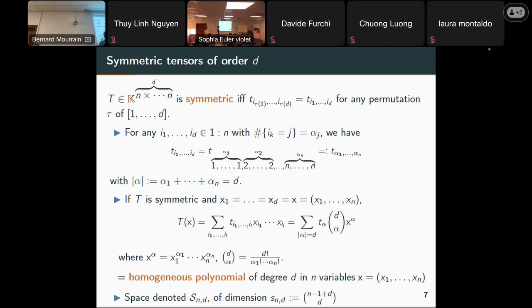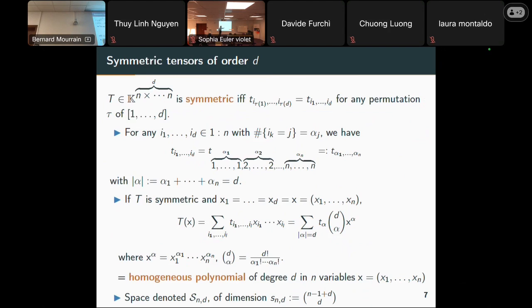And here the alphas are the number of 1s plus the number of 2s plus the number of ns, equal to d, which is the total number of indices. So we represent this in a multi-index way, T_alpha, with the degree of alpha equal to d. Again, we can see this as a polynomial in variables x1, ..., xn.